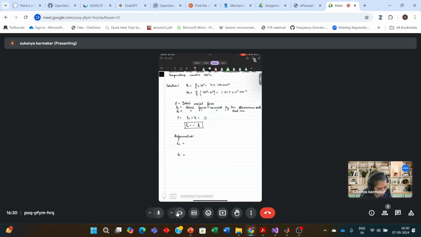Now in the aluminium, the force is PA. We know that because of an axial force, the deformation is PL by AE.